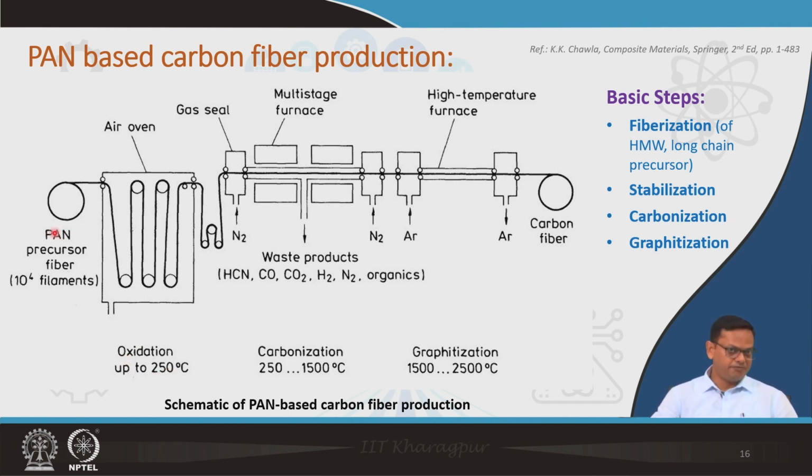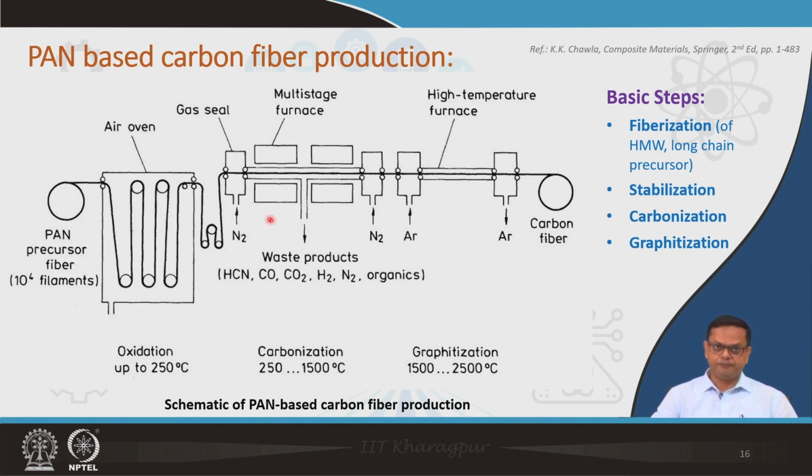So, the PAN fiber is made first, which we are calling fiberization, then we have the oxidation process at around 250 degrees Celsius to stabilize the PAN structure, and then it goes through multiple furnaces, and in these multiple furnaces the temperature is slowly raised from 250 degrees Celsius to 1500 degrees Celsius and ultimately around 2500 degrees Celsius, right.